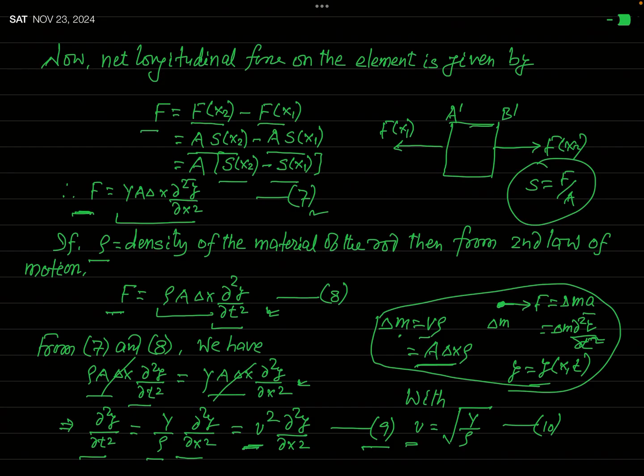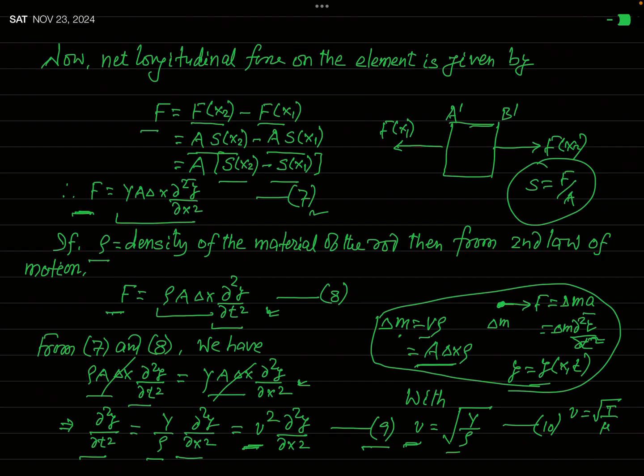Actually, when we strike the rod longitudinally, then a sound wave is produced, and that sound wave travels through this rod with this velocity v. But that is the subject matter of our next chapter. Here I am not talking about that. So this result is exactly the same as that we have studied in the case of the vibration of a string, where v was equal to root over T by mu.